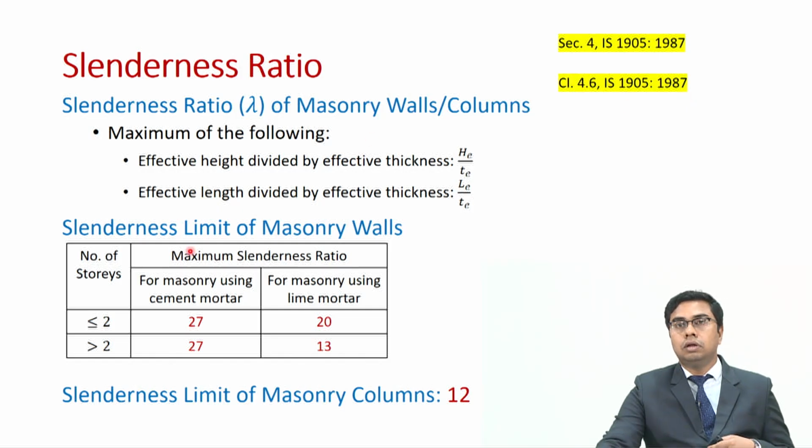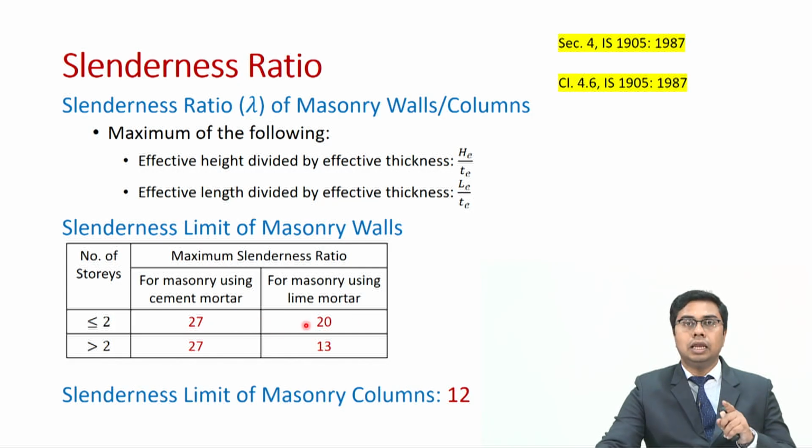So, if your masonry wall had number of story 2 or lesser, that is up to 2 story height, then if you have used cement mortar while doing the masonry work, then the maximum slenderness ratio shall be equal to 27. If you are using lime mortar, then your maximum slenderness ratio is 20, lower than that in the case of cement mortar.